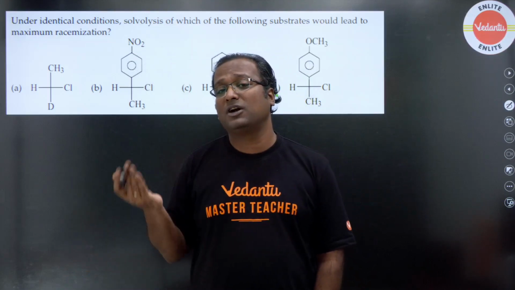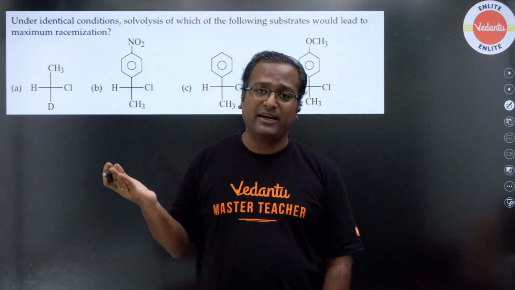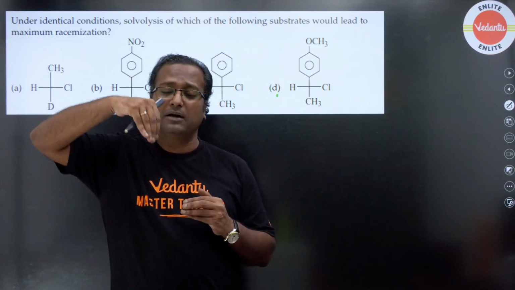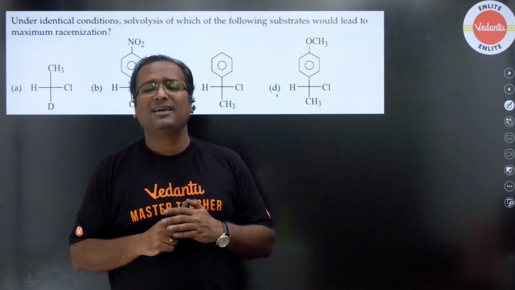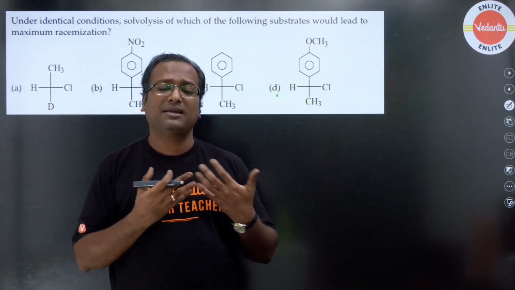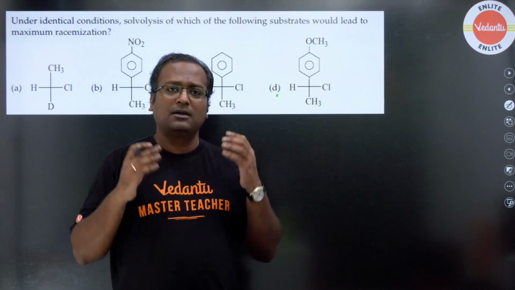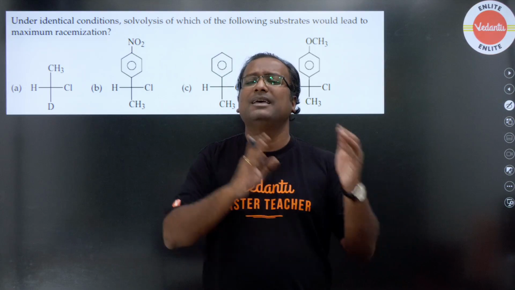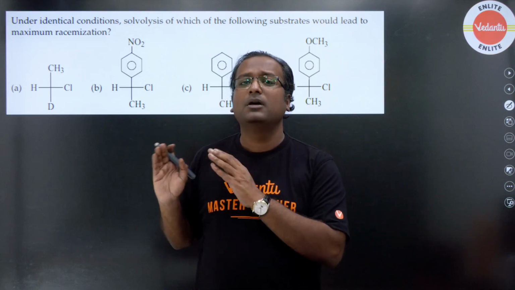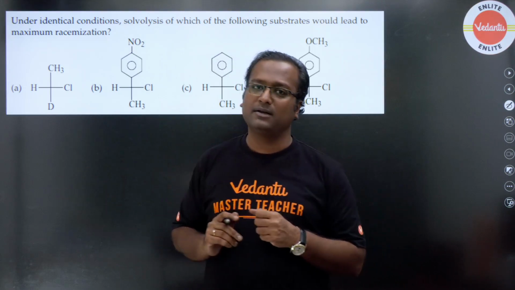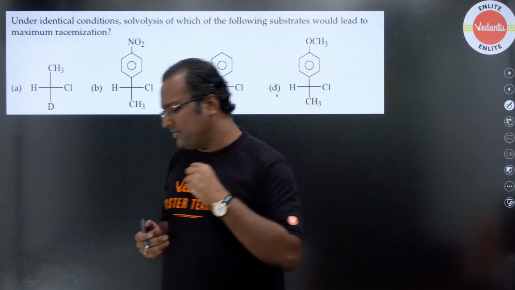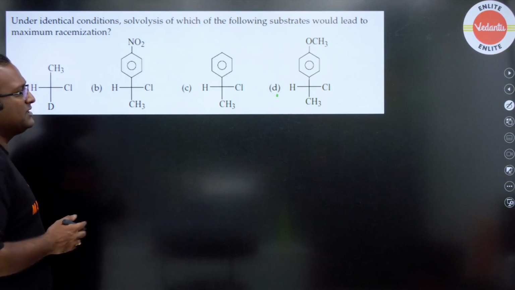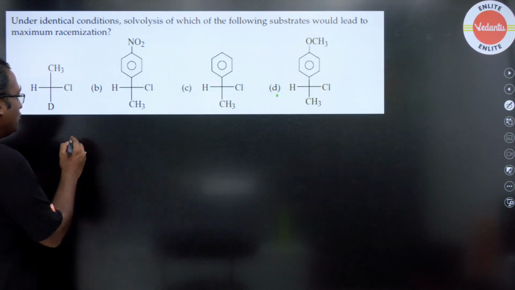The more stable the carbocation formed, the faster the rate of carbocation formation, the lesser the chance of a backside attack by SN2, and therefore the more the racemization percentage. More stable carbocation formed, more racemization percentage. Less stable carbocation formed, more inversion percentage. So basically the question is very simple if you understand this. Out of the following 4, which gives the most stable carbocation?